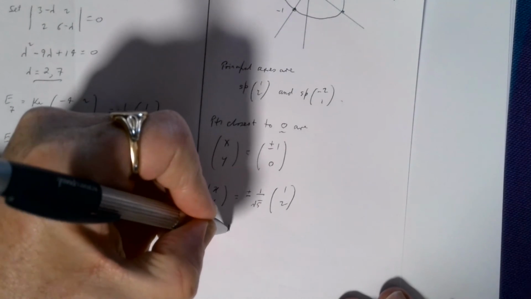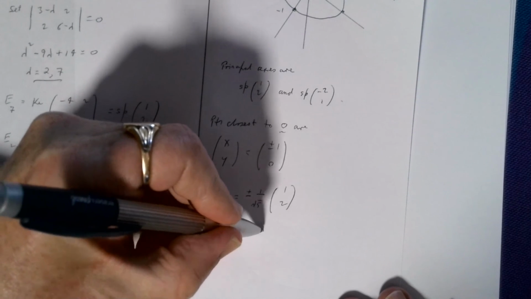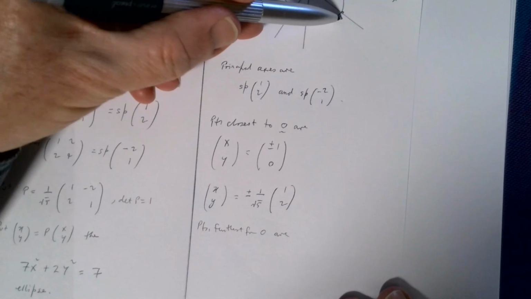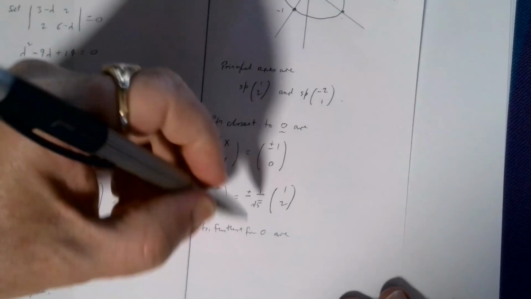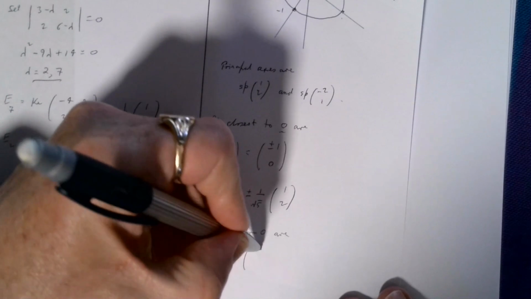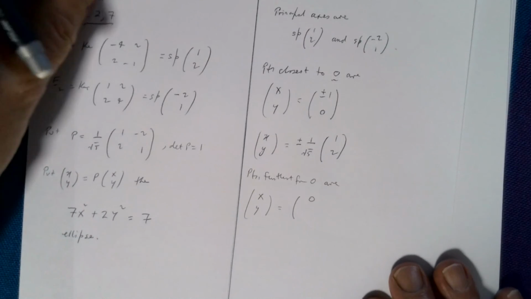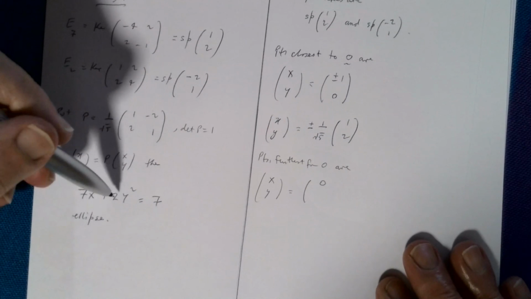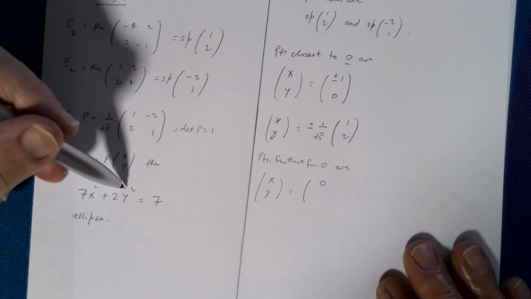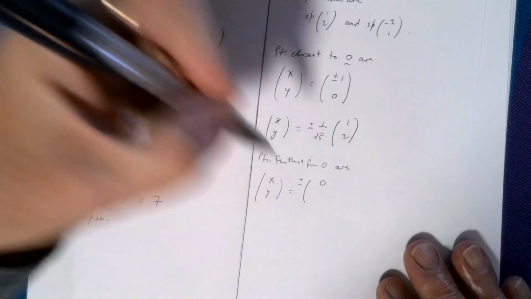Points furthest from the origin. Well, they're going to be these 2 points here, and they're going to be at x, y, this time the x will be 0, and if we look back to here, this cuts the y-axis when x is 0, so that's plus or minus root 7 on 2.